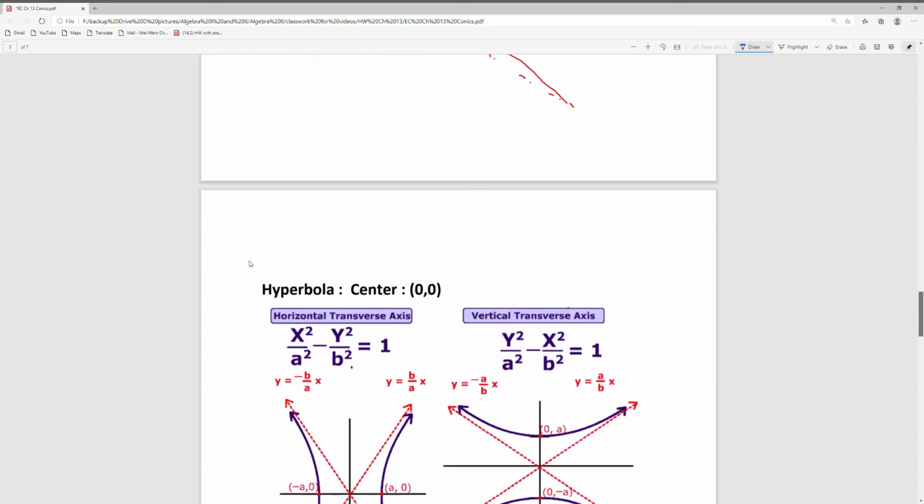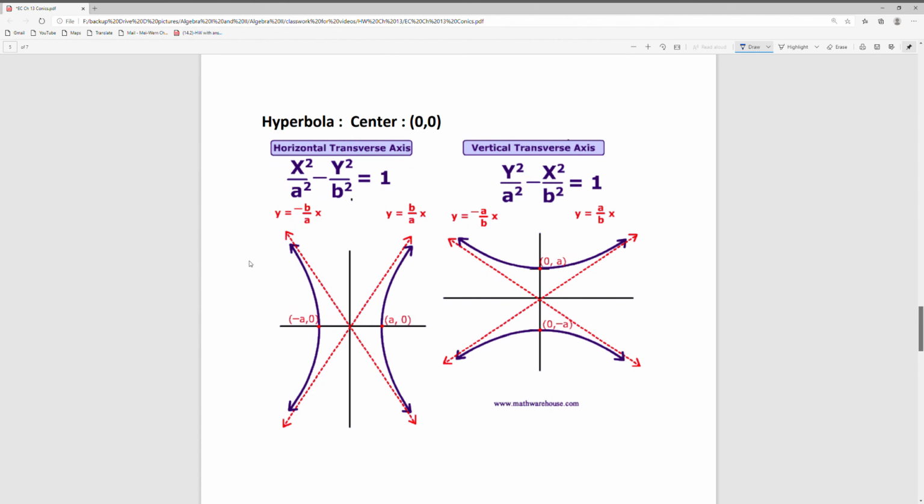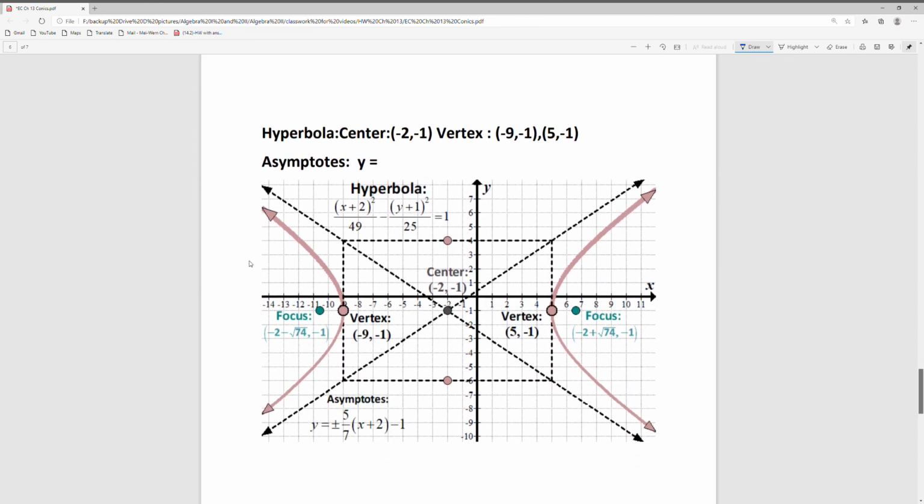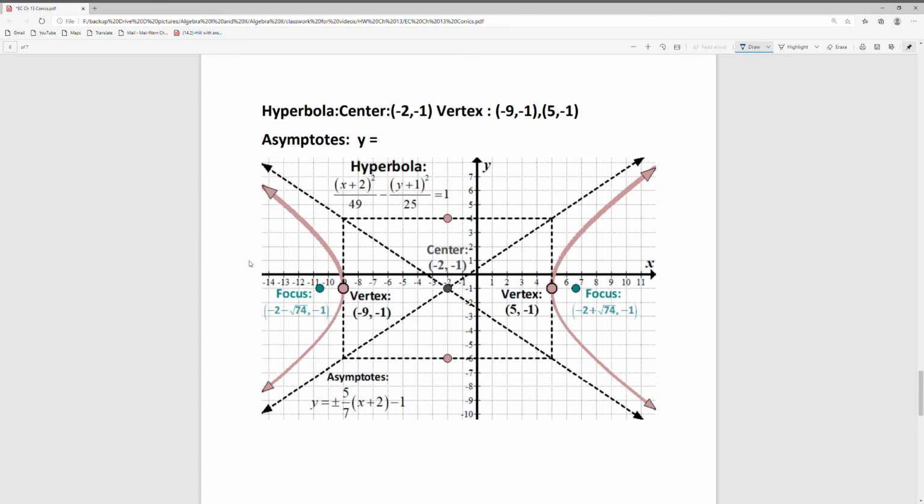So the last example here, if center is 0, 0, then you have this formula. If x squared is in front, then you have a horizontal hyperbola. If y squared is in front, then you have a vertical hyperbola. And the last one is just an example. Here we can quickly go through.